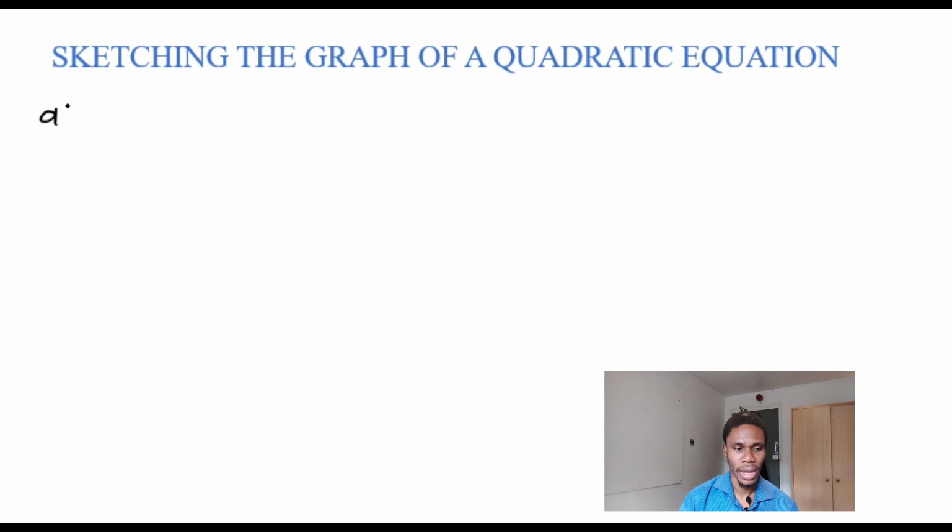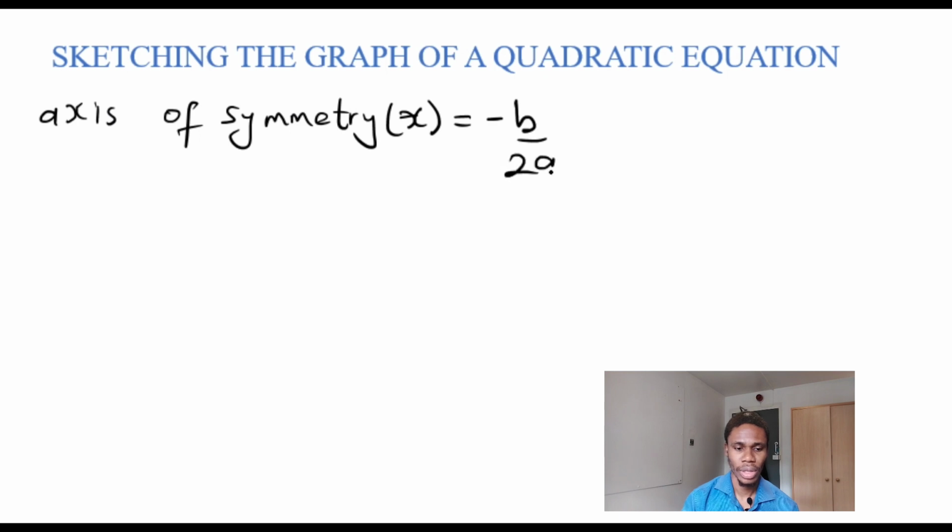So axis of symmetry, x equals minus b over 2a. Now remember, our quadratic equation is of the form ax squared plus bx plus c equals 0.